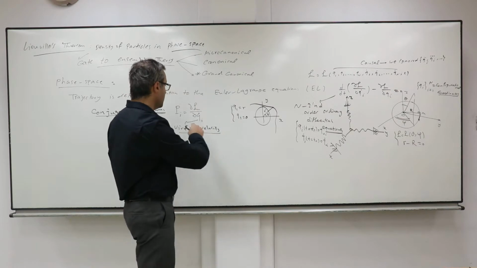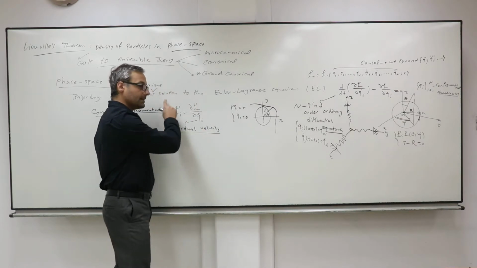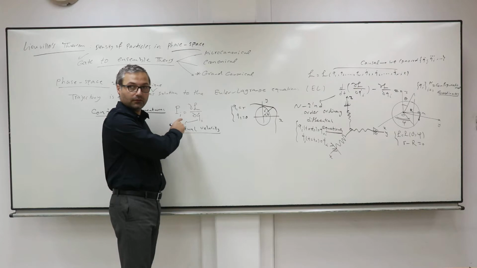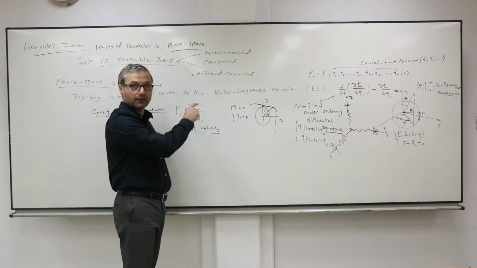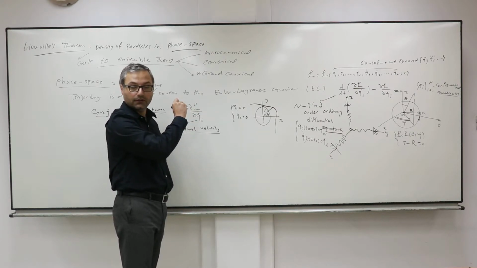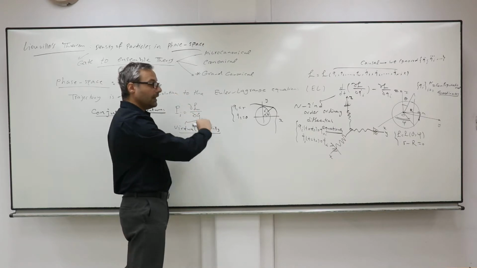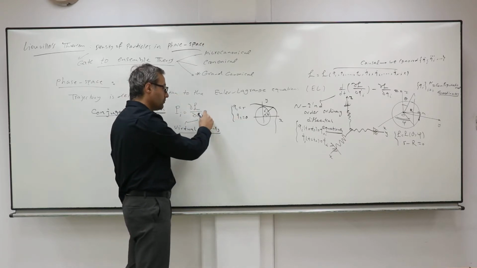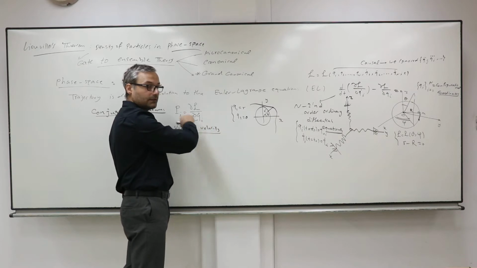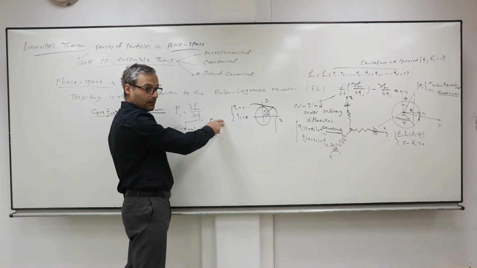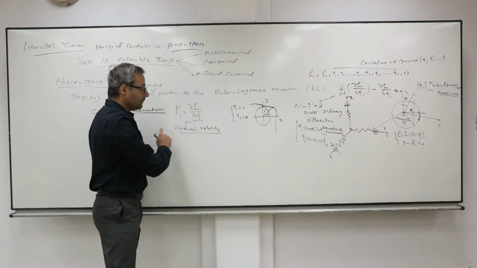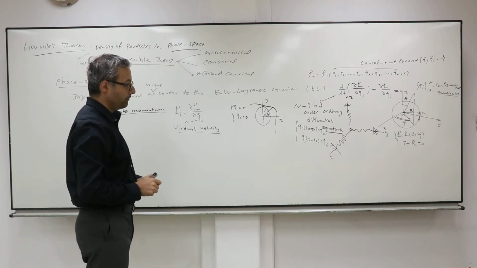In that case, this momentum doesn't play the role of the real momentum for writing the second law of Newton, F equals m a. So you need an extra term to be added to that, and that's called generalized momentum. This is the conjugate momentum.